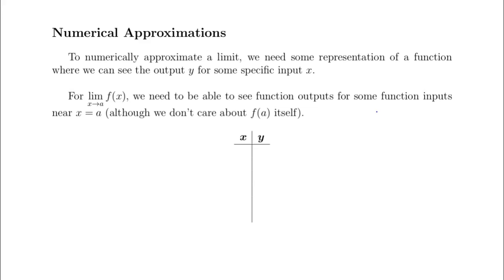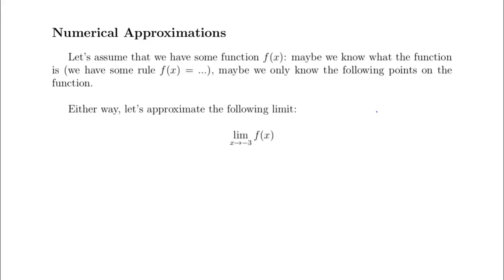One of our first representations of a function was just this table of values where you have these inputs, x, and corresponding outputs, y. So we're going to pretend that we've got some function f of x that maybe we know the function rule for. Maybe we only have some specific points. Either way, we're going to approximate the limit as x approaches -3 of our function f of x.